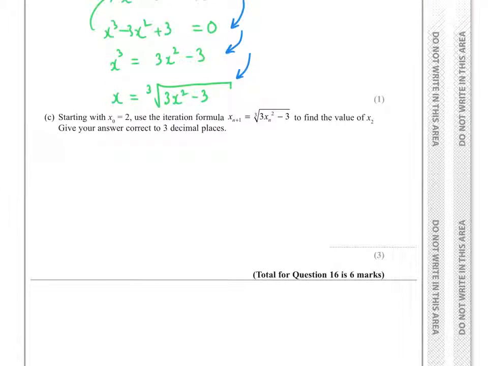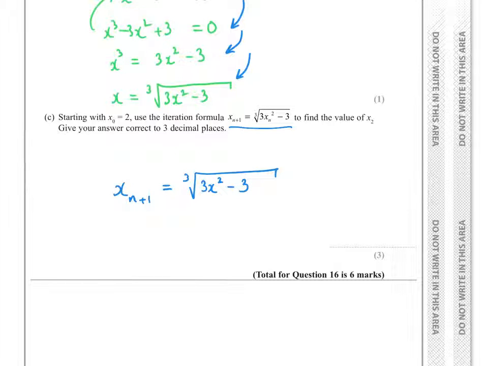it says starting with our first initial value to be 2, use the iteration formula, and the new term we want is found by substituting into this expression, which is a rearrangement of the initial cubic we want to find solutions with.